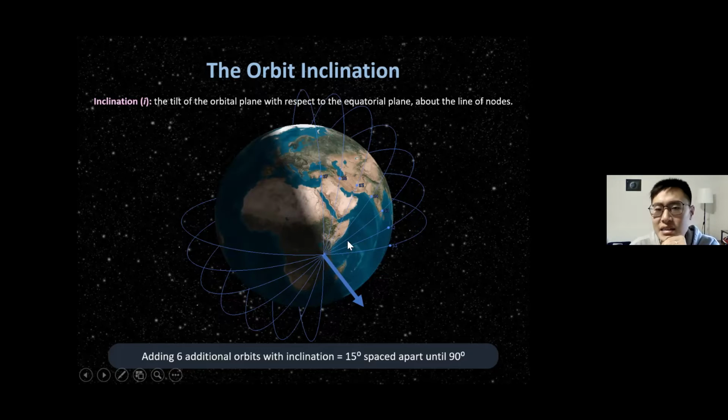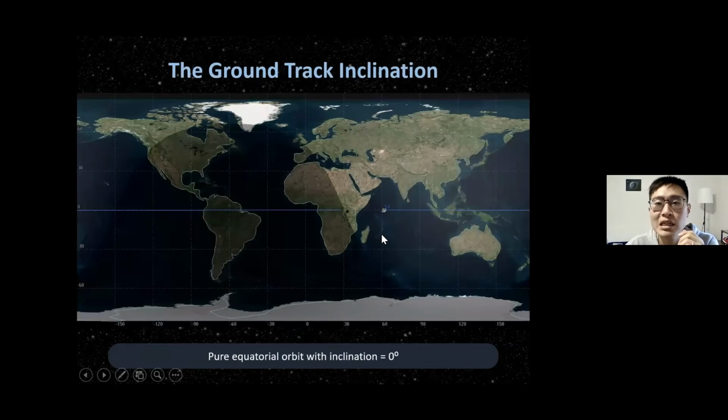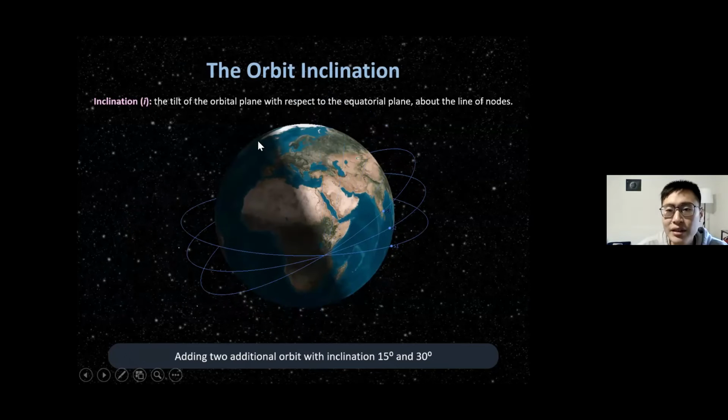And this looks fancy, this thing flies around in space, but what does it actually mean for us on Earth? Because remember, the Earth is a rotating object. So what we actually study in mission design is how the inclination can affect where we want to reach in latitude. What I mean by this is, the Earth is spinning around here, and let's look at the inclination tilted at 30 degrees, right?